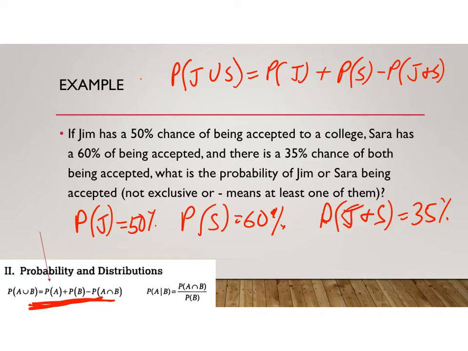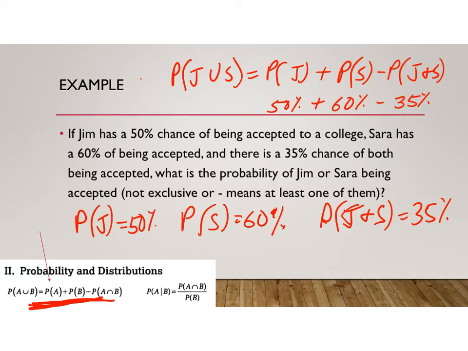So we know that Jim has a 50% chance of being accepted. We know that Sarah has a 60% chance of being accepted. And we subtract the overlap of the 35%, which is both of them being accepted. So the chances that at least one of them is accepted, you can see it would be 110 minus 35. That would give you 75%.